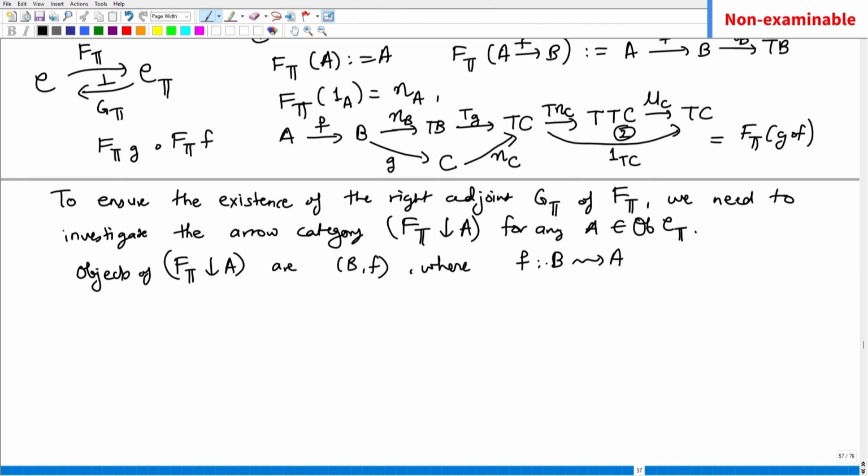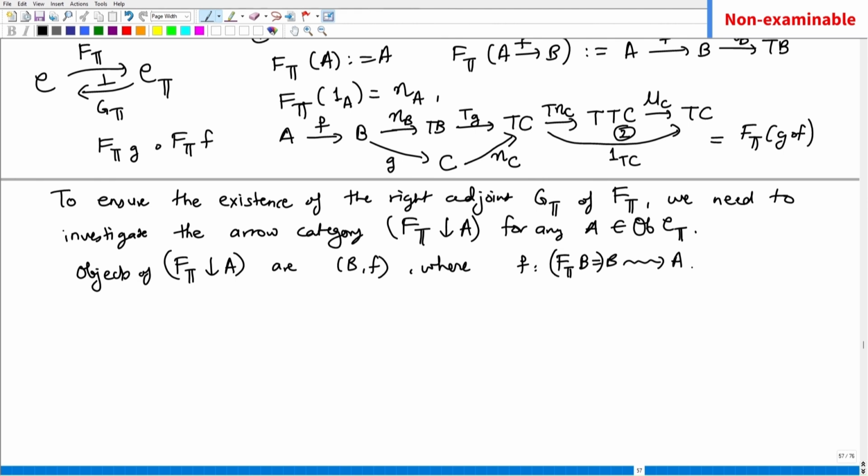Whenever I am writing B to A, I actually mean, maybe I should specify, where F is a morphism from FTB equal to B to A. Okay. So which means it is a morphism from B to TA.